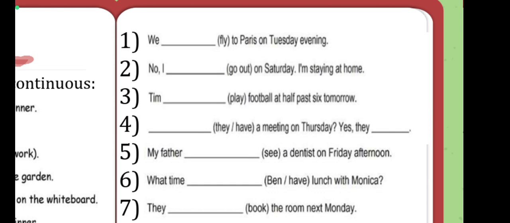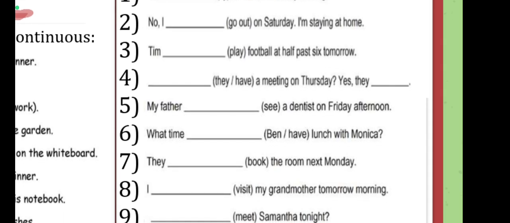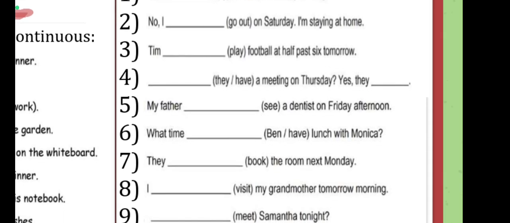Yes, they are. My father is seeing a dentist on Friday afternoon. It's good. Amazing job, Daniela. Just be careful with this one. This is afternoon. Stressed syllable noon. Okay, amazing. Thank you. Anytime.